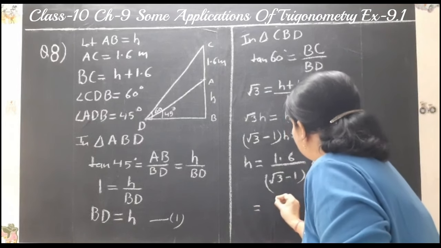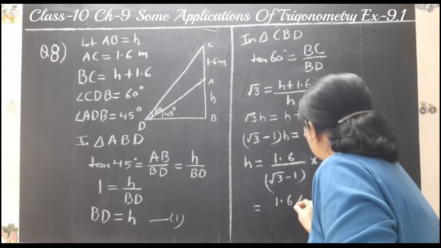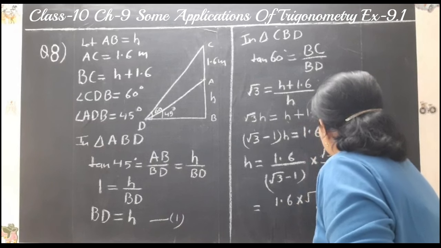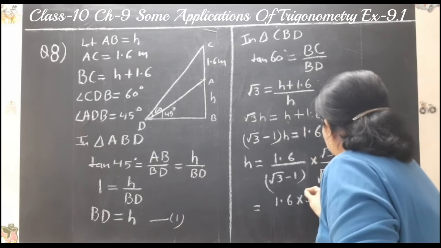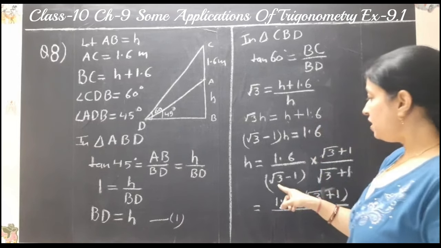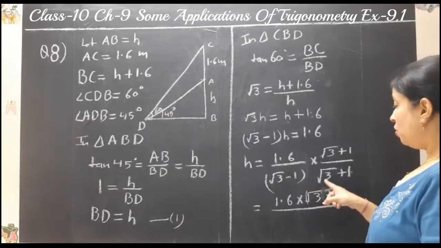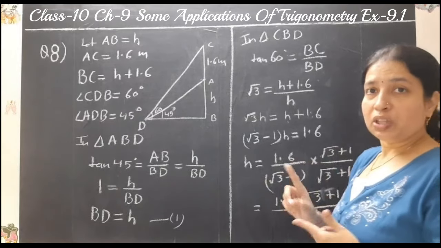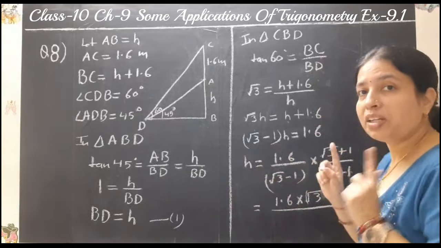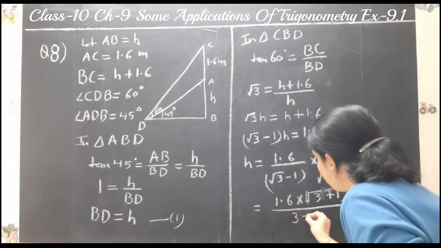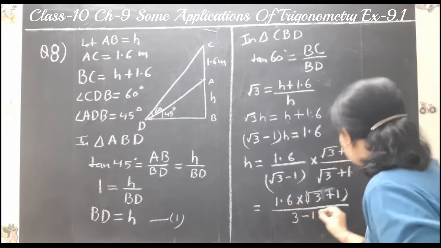So here it will be 1.6 multiplied by (√3 plus 1), and here it is (√3 minus 1) into (√3 plus 1). (a plus b) into (a minus b) is a squared minus b squared. So square of √3 will be 3 and square of 1 will be 1.